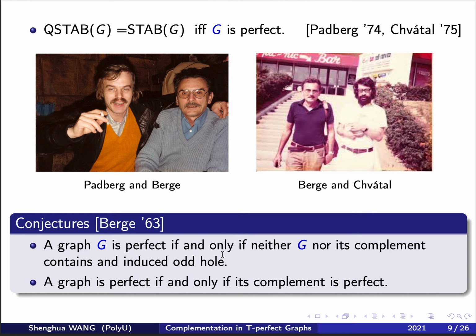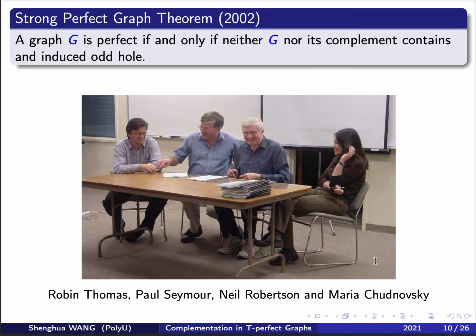An odd hole is an odd cycle with length larger than 4. The second one is the weak perfect graph theorem: a graph is perfect if and only if its complement is perfect. The strong perfect graph theorem was settled by Chudnovsky, Robertson, Seymour, and Thomas in the year 2002.